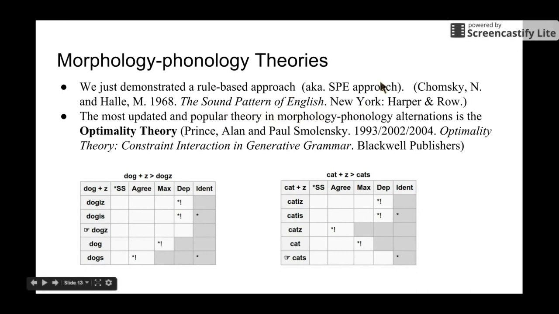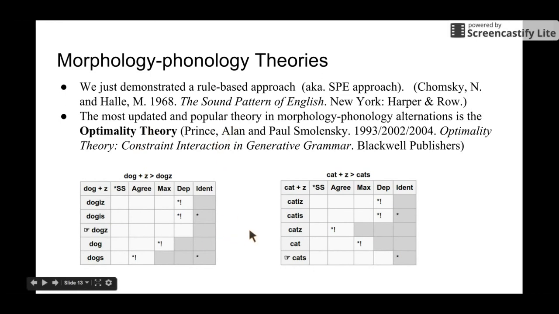This is the old style of doing morphological analysis. The most updated and most popular theory nowadays is called optimality theory, but we are not going to talk about optimality theory here. It's also known as OT.